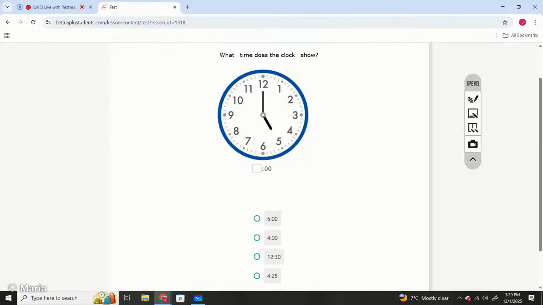Option number 2 is the correct option. What time does the clock show? That is 5 o'clock. Option number 1 is the correct option.